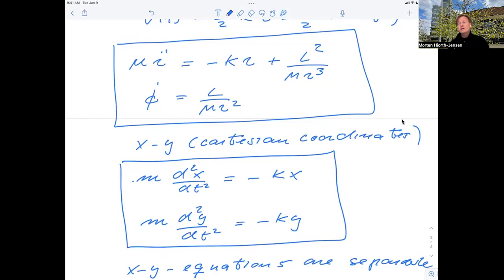So we could not disentangle x and y by themselves in just a neat, nice equation, as we are doing here in the harmonic oscillator. So for the gravitational force, running the calculations in Cartesian coordinates and wanting to find an analytical solution is not possible. Rather, the transformation to polar coordinates is the one which makes life much, much easier for us.